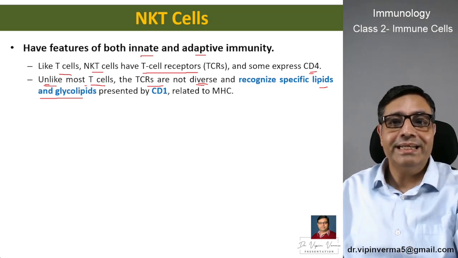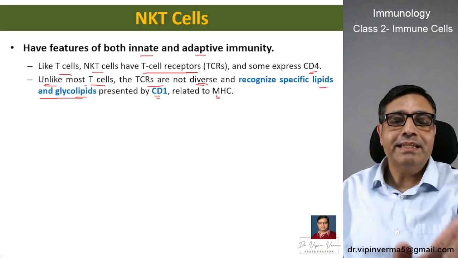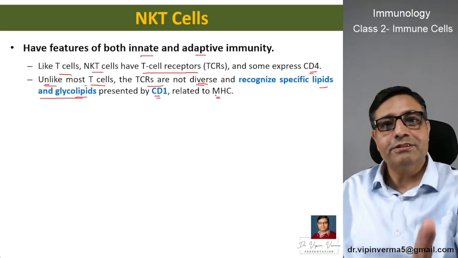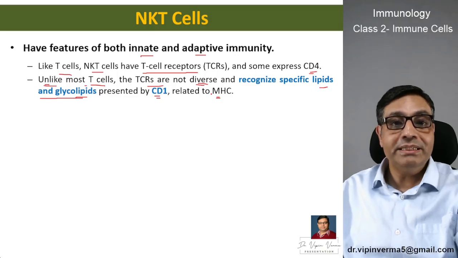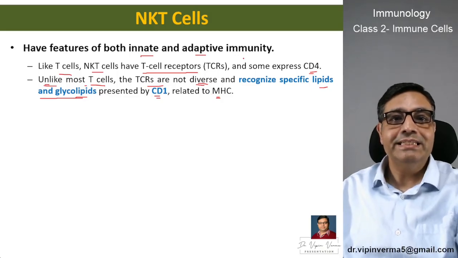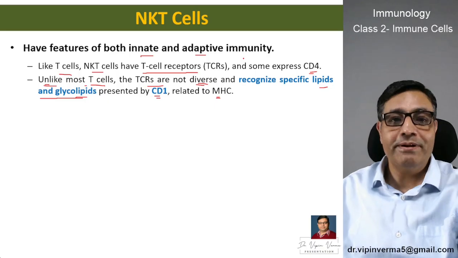But here they are recognizing the lipids and the glycolipids. And these are presented by CD1, which is a relative of the MHC molecule. While in case of T cells, the peptides were presented by the MHC molecules class 1 and class 2. So that is the major difference in the NKT cells, which have both innate and adaptive immunity.